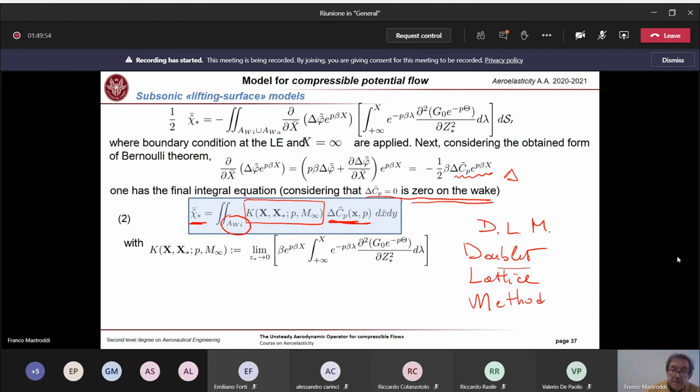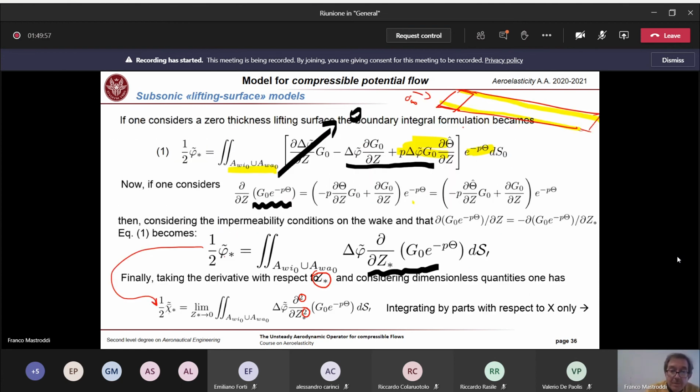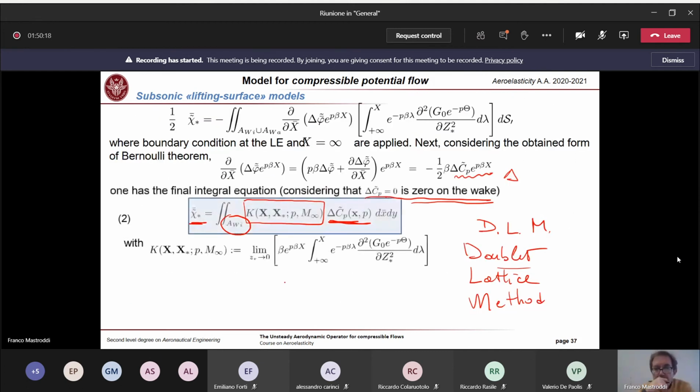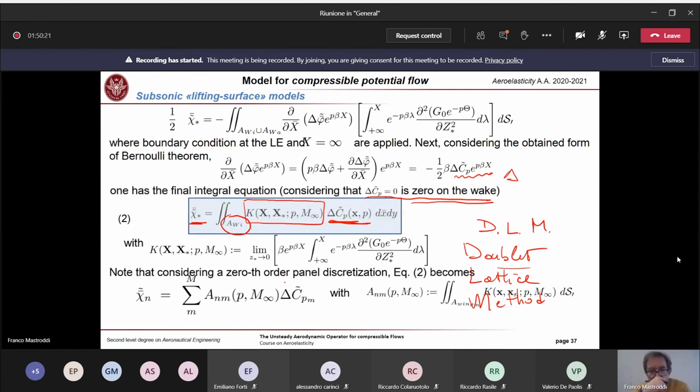Why doublet? Because we have only doublet term, only G on the zeta, so only doublet elementary solution and not source solution. Okay, and this is used for this kind of operator, and with this formulation we have a direct connection between delta Cp and normal wash.